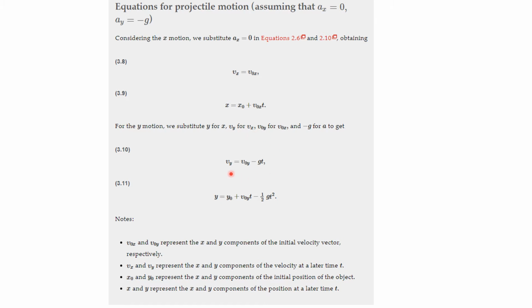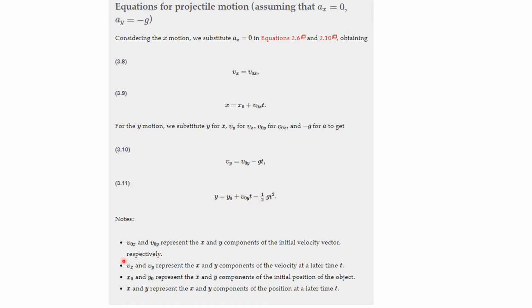We have the velocity in the y direction, that's the initial velocity in the y direction minus gt. And then y is equal to y0, the initial height, plus v0y t minus 1/2 gt².